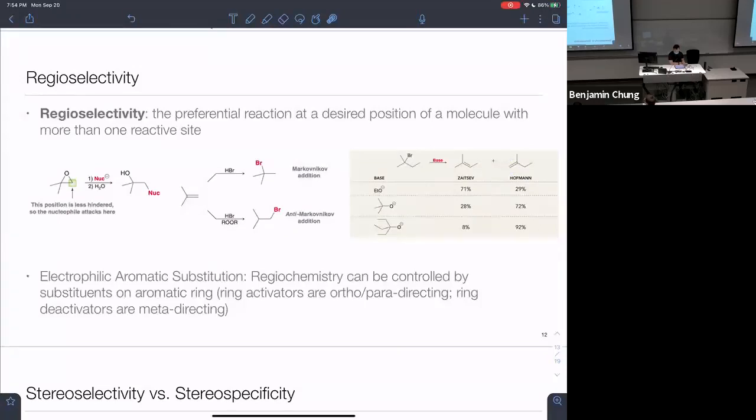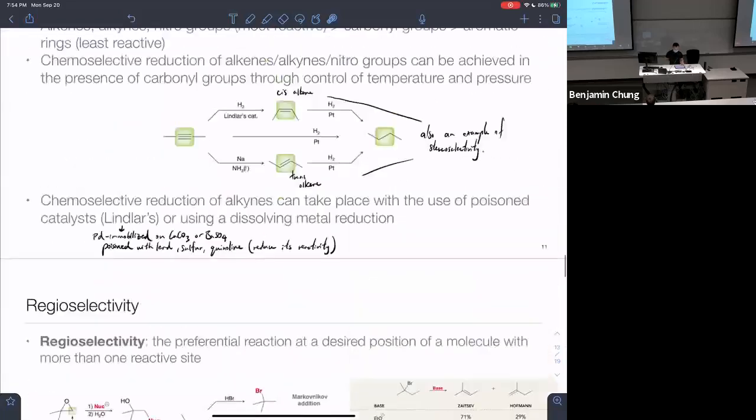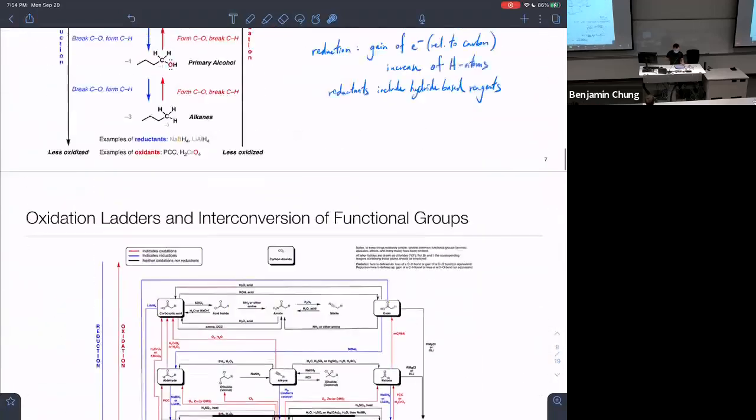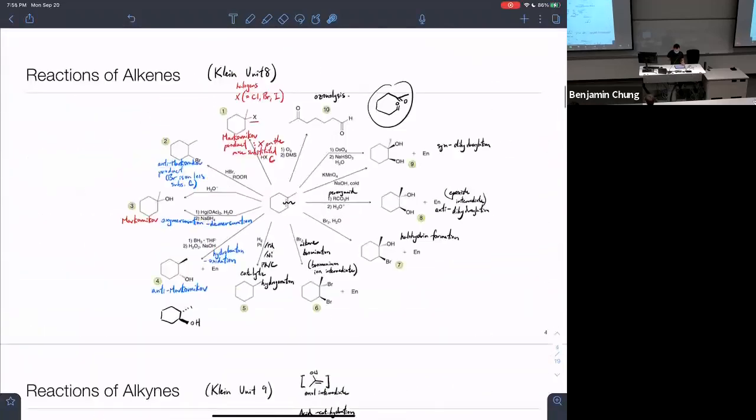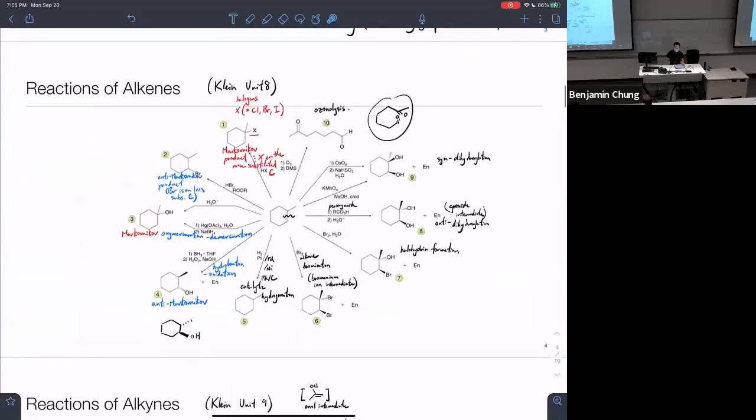Can you think of any other examples that we talked about that are regioselective? Maybe we scroll back to some slides. Yeah, so those Markovnikov, anti-Markovnikov, essentially any reaction that gives you a Markovnikov or anti-Markovnikov selectivity can be considered regioselective.